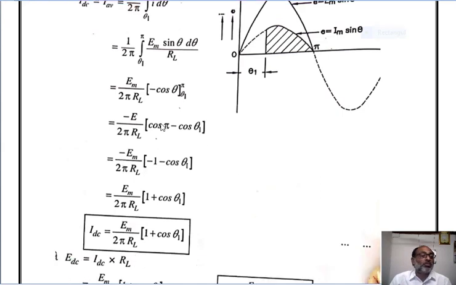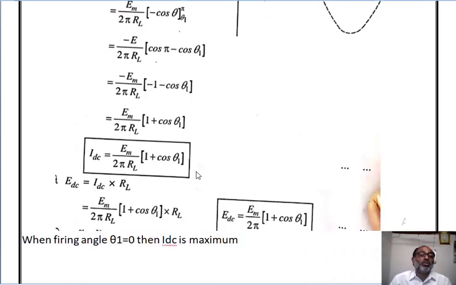So minus cos π, that means plus 1. Here minus cos θ1, because this value changes. So the equation becomes Em upon 2π RL into (1 plus cos θ1). So this is the value of IDC is equal to Em upon 2π RL (1 plus cos θ1).